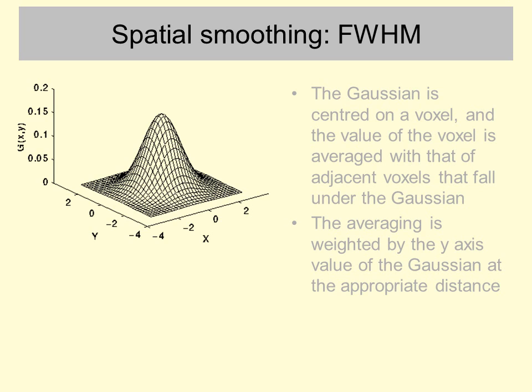Based on the number you give, FSL actually creates a three-dimensional Gaussian, and it moves this Gaussian around the image. It, if you like, convolves the image with this filter.